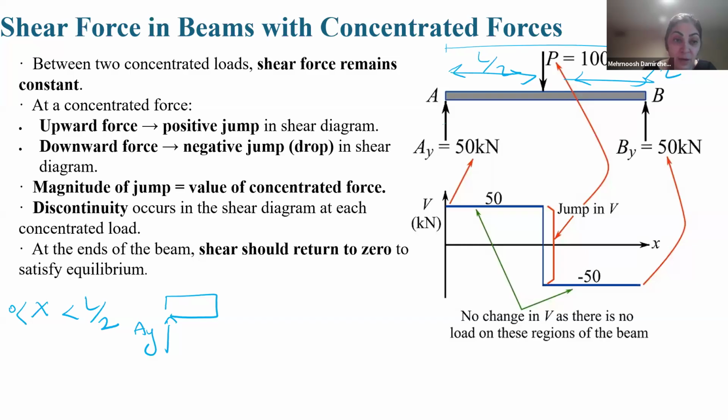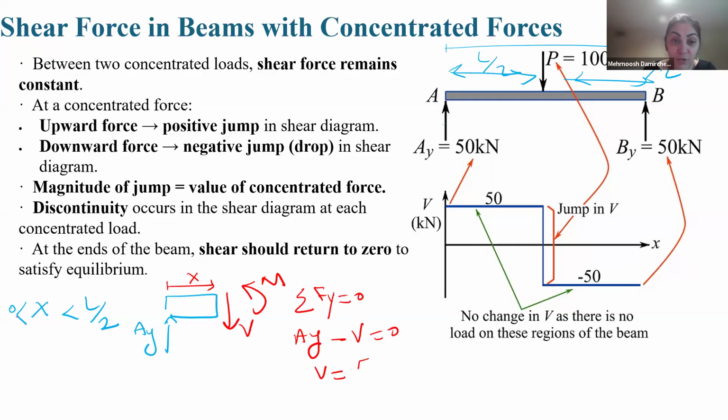As you remember, I told you that for the left, we considered V in this direction and M counterclockwise. And X changes between 0 and half L. If I write summation Fy equals 0, Ay positive minus V equals 0. So V should be Ay. How much for this case, for example, 50 kilonewton, okay?